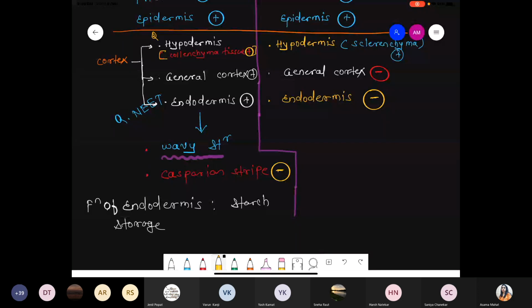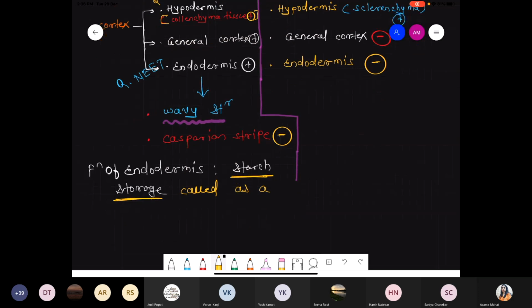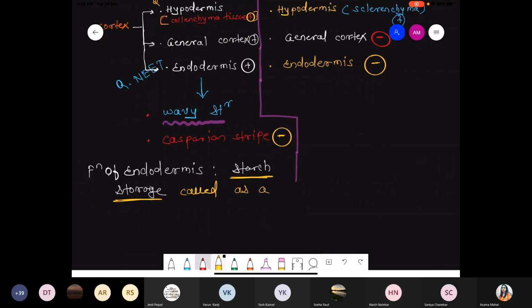Now they are not involved in blocking water. Now they are responsible for storage of the starch. That's why, in other language, according to NCERT, these are also called a starch sheath, that is, a starchy layer.